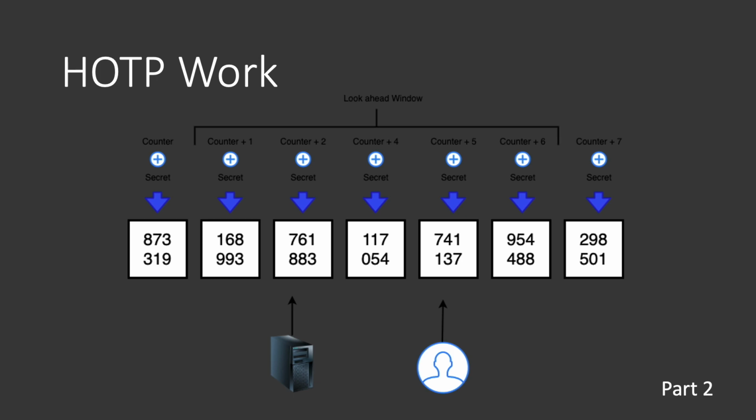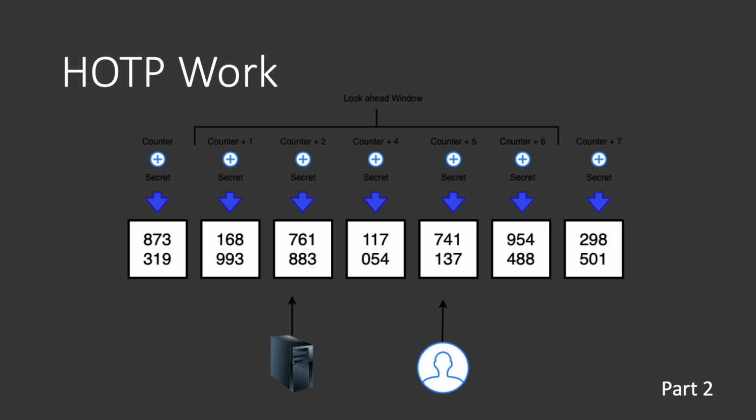But luckily with HOTP we have a look ahead window. Basically the server will look 5 slots ahead of its current position. So for example, let's say the server is on counter 2 and the mobile phone is on counter 5.